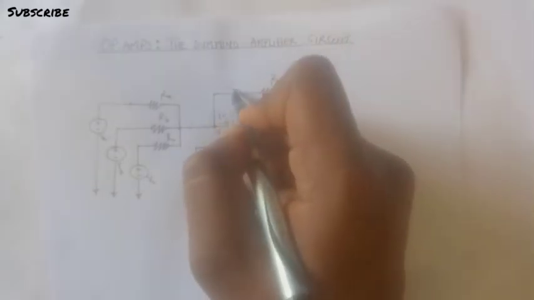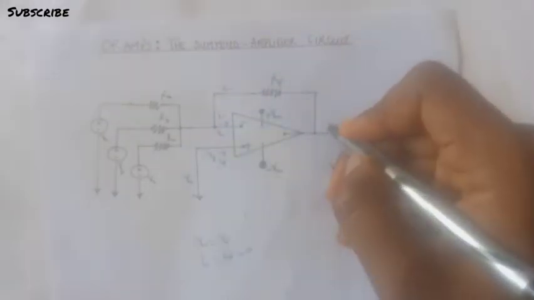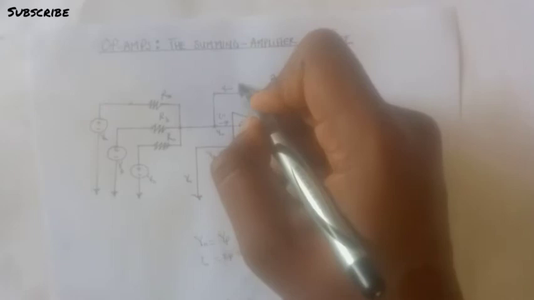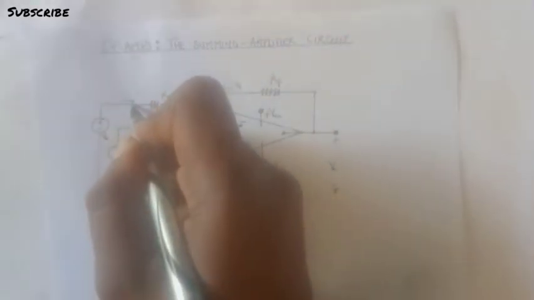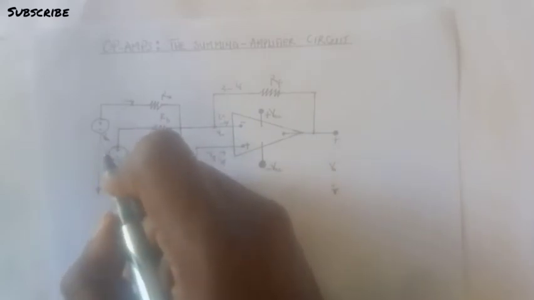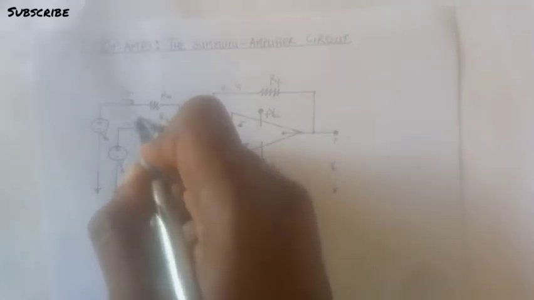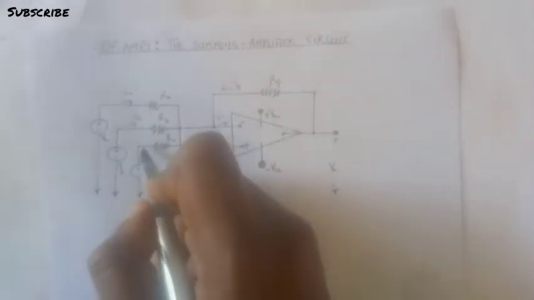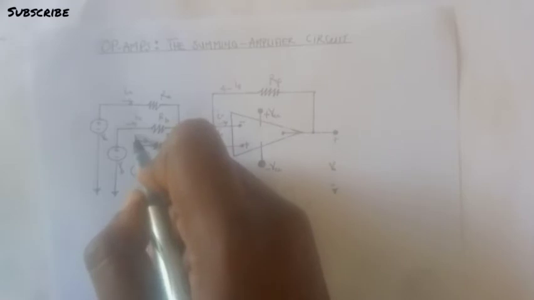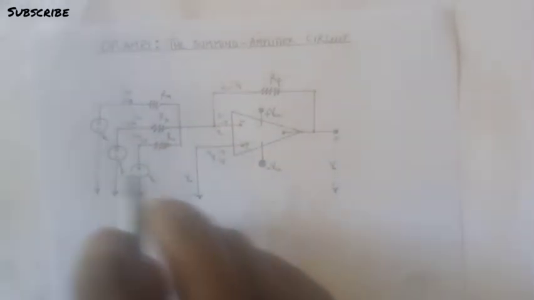Let's call the current that flows in here, that is the feedback from the output, IF. The current that flows inward, that is the current from the VA signal, IA. The current that flows in here, let's call that IB, and the current that flows in here, we call that IC.